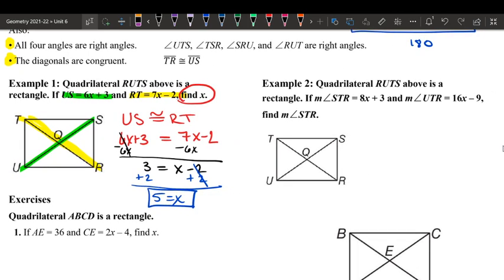So example 2 says quadrilateral RUTS is a rectangle. If the measure of angle STR is 8x plus 3, so we need to find that. STR, so you start at S, go to T, go down to R. So make sure you trace in order of the letters that it tells you so you know exactly which angle you're talking about.